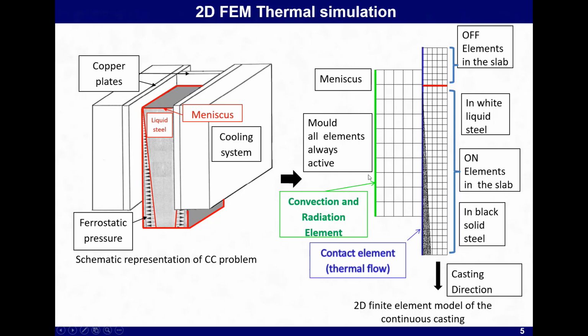We just have here at the boundary convection and radiation layers of elements, and on the opposite side we are in contact with the liquid steel and shell formation, and there we also have a thermal flow which passes through a certain thermal contact resistance. We are in a Lagrangian approach, so we switch off elements above the meniscus and below switch on elements to model the thermal flow.